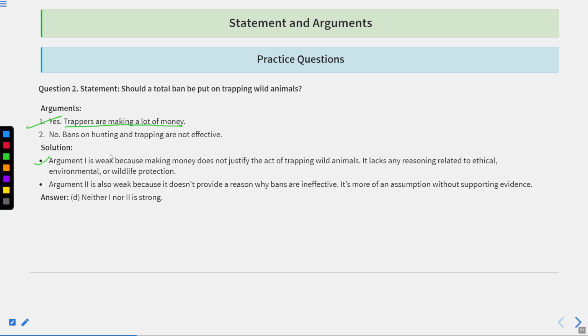So argument one is weak because making money does not justify the act of trapping wild animals. It lacks any reasoning related to ethical, environmental or wildlife protection. If this were for wildlife protection, should there be a ban because of wildlife protection? Trapping people often poach wild animals and use them for their own benefit. That is correct, trappers are making a lot of money.